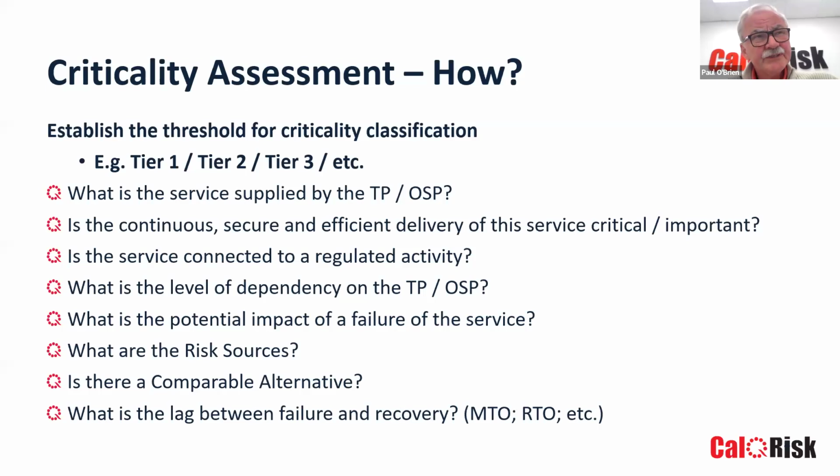You need to know in the criticality assessment what the lag time is between failure and recovery. In business continuity terms, these are termed the maximum tolerable outage, or the recovery time objective. So basically, how long can you be without this service? That informs the limit on the time it can take to get it back.